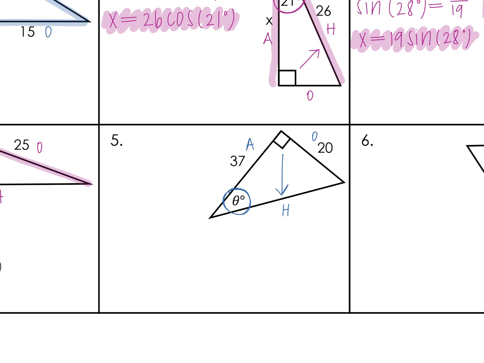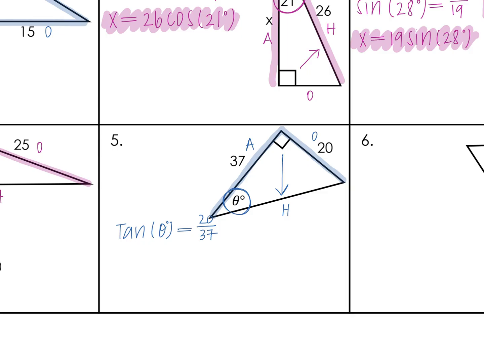So looking at that here, I can see that the two sides I know something for are my opposite and my adjacent. That tells me I should be using tangent of my theta is equal to my opposite, 20, over my adjacent, 37.